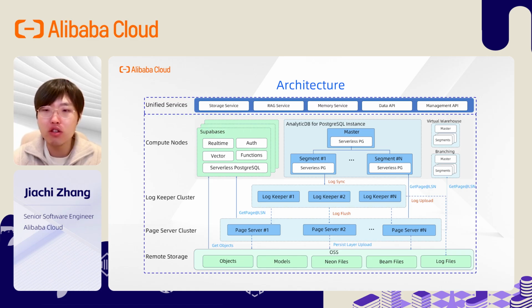The storage responsibilities are handled by components, including log keepers, page servers, and remote OSS-backed object storage. Built on this shared storage, we can offer Supabase services and advanced capabilities like virtual warehouses and database branching. They involve independent scaling, stronger durability, and simpler operations.